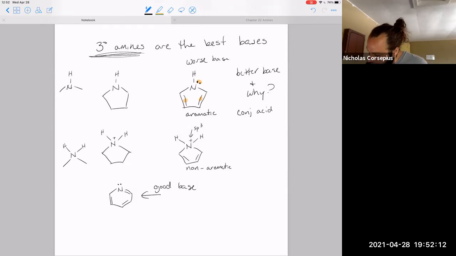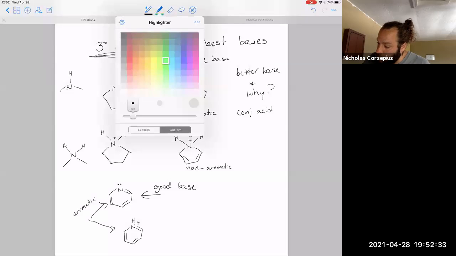And the reason for that is, if I draw the conjugate acid, both of these are aromatic. It all has to do with this pair of electrons here.